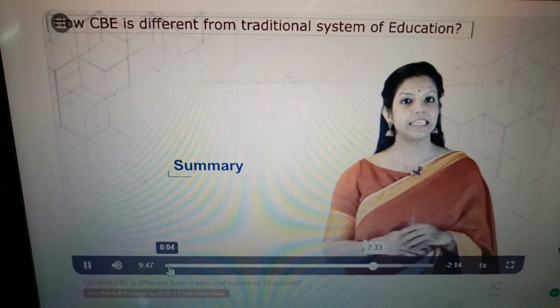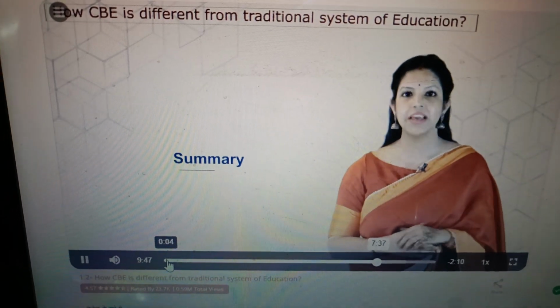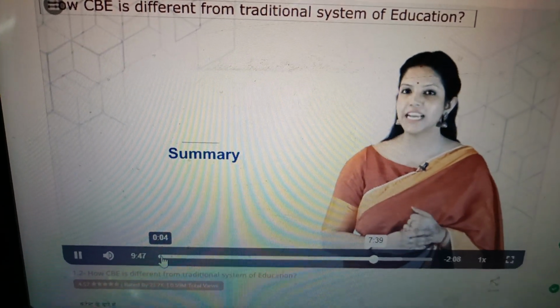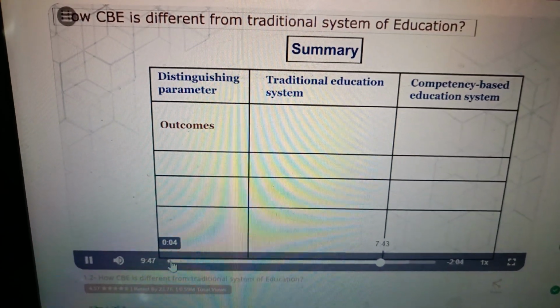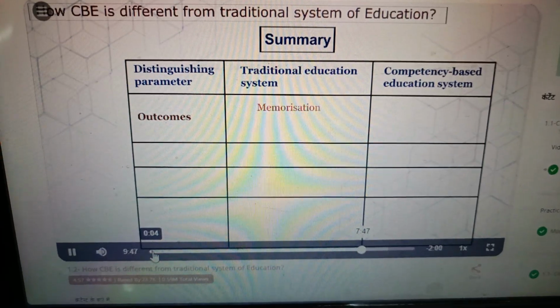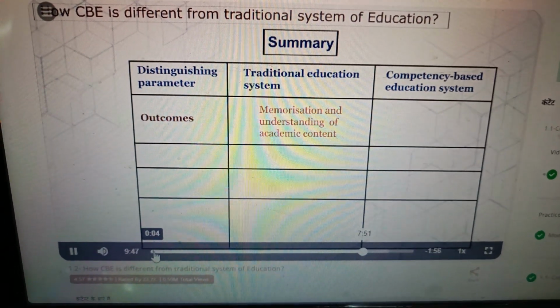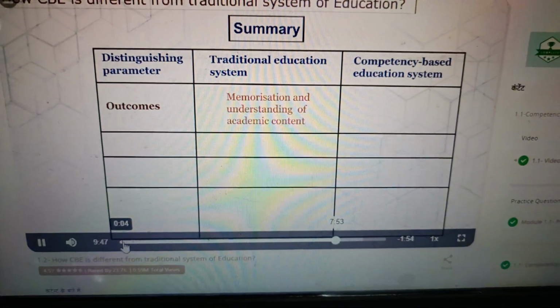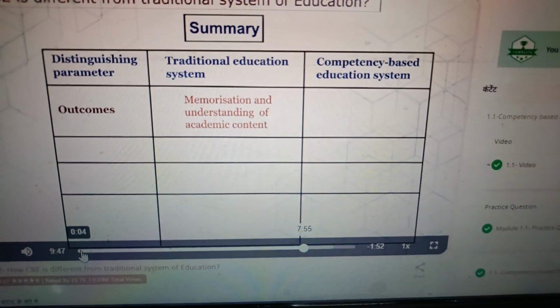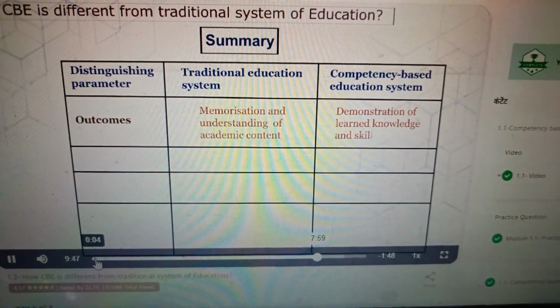Summary. Let us summarize the comparison points of the traditional education system and the competency-based education system. Based on outcomes, the traditional education system focuses on memorization and understanding of academic content, whereas the competency-based education system focuses on the demonstration of learned knowledge and skills.